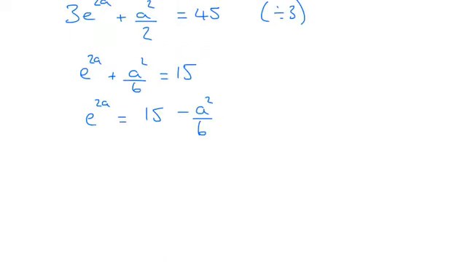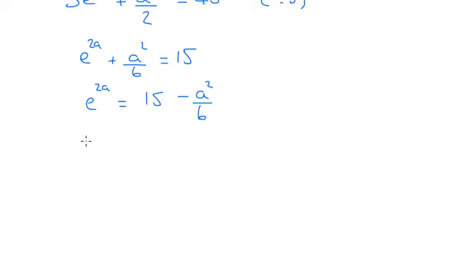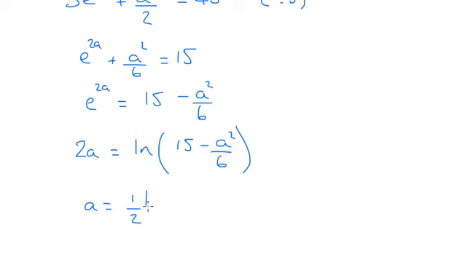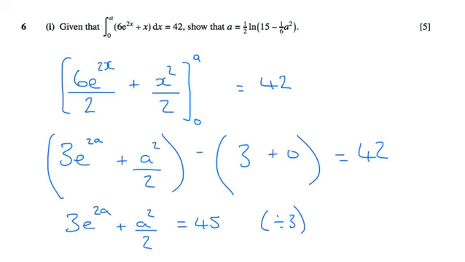And if I now natural log both sides, I'll get 2a equals the natural log of 15 minus a squared over 6. And then our last step is now to divide by 2. So we're going to get a equals a half of the natural log of 15 minus a squared over 6, or a sixth a squared, which is what they had.